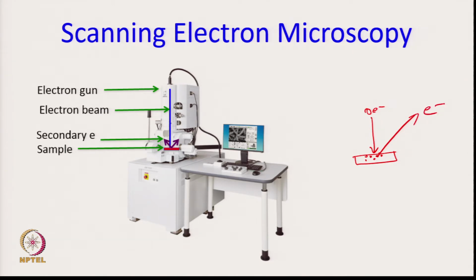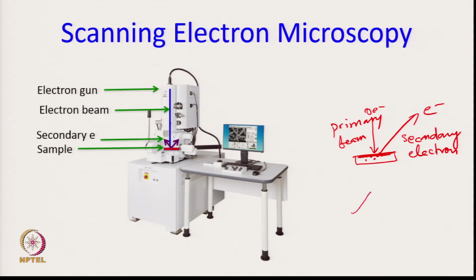This is what is happening, and this I am calling the primary beam, and this I am calling a secondary electron. The primary beam is just the beam which we have created, and secondary electrons are coming from the surface. They come only from the surface, this is very important.